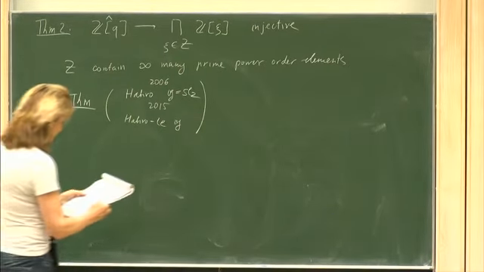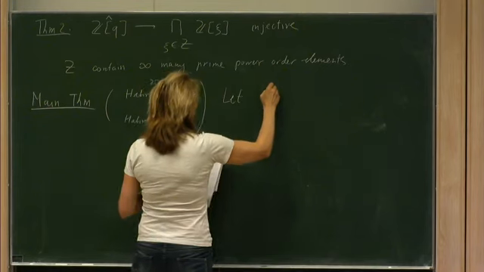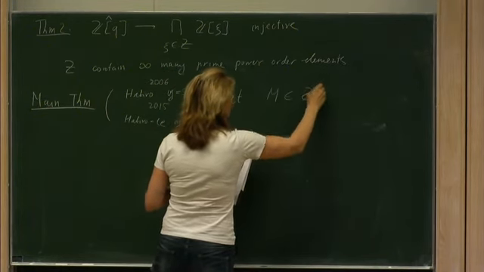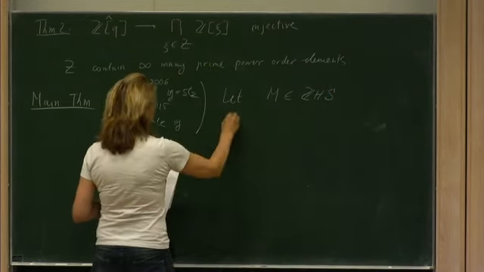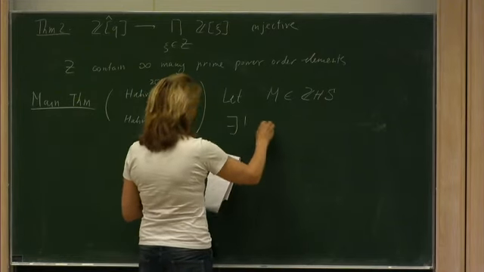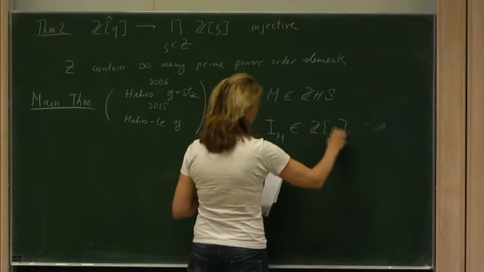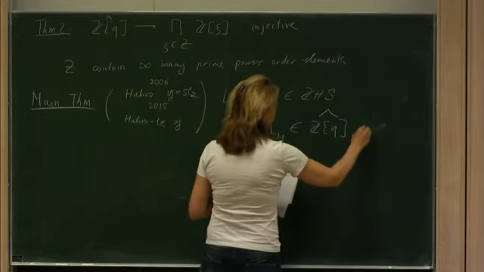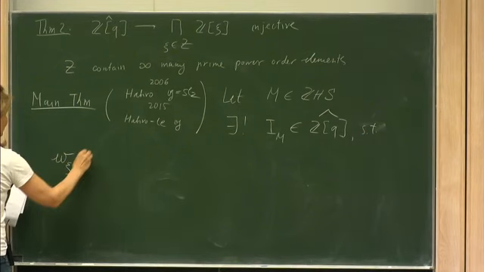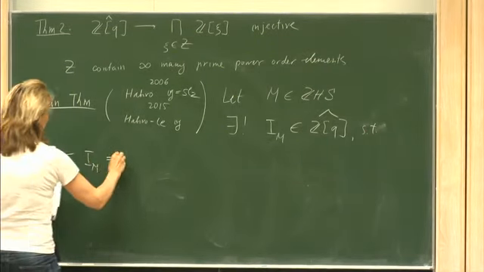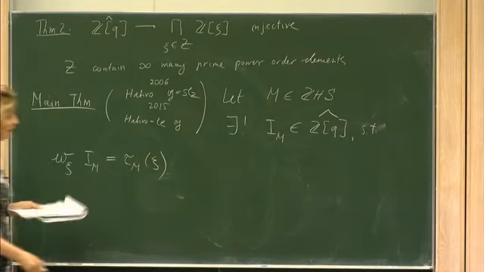So the main theorem says that, assume you have a three-manifold M which is a Z homology sphere. Then there exists a unique element I of M which belongs to the Habiro ring such that the evaluation at any root of unity of this element is equal to the Witten-Reshetikhin-Turaev invariant at this root of unity.